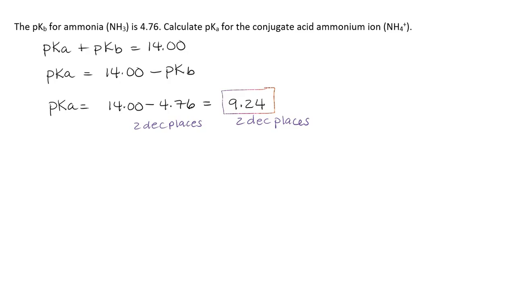A pKb must apply to a weak base, and a pKa must apply to a weak acid. So again, we're asked to calculate pKa. It's not the pKa of ammonia, it's the pKa of its conjugate acid, which is ammonium ion.